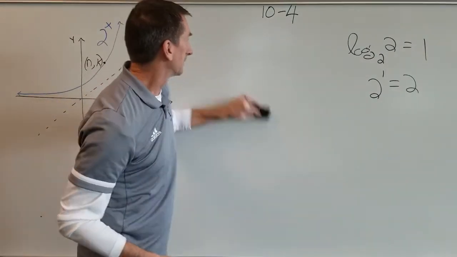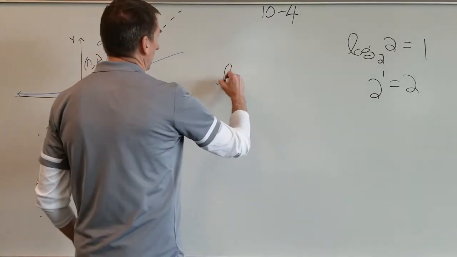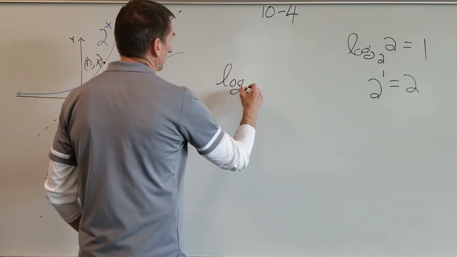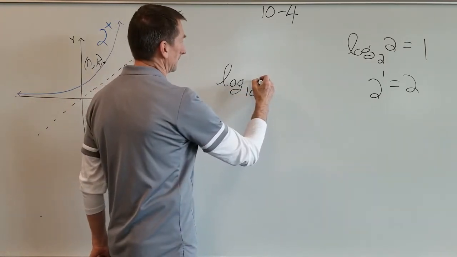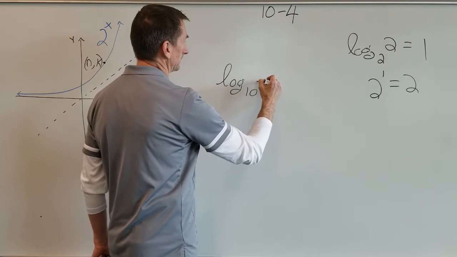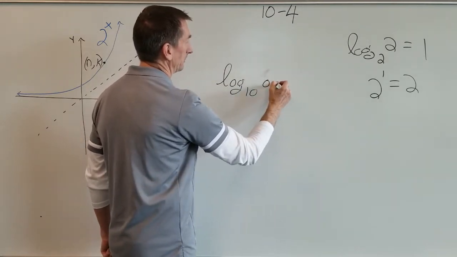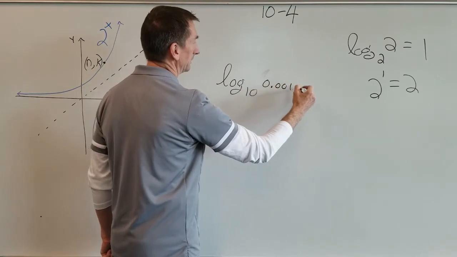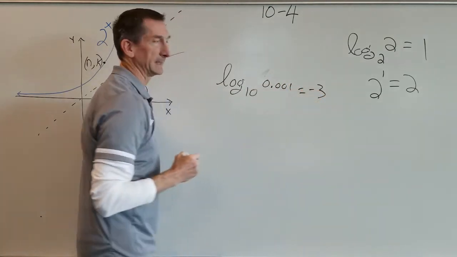Let's take a look at another one here. How about log base 10 of 0.001 is equal to -3.